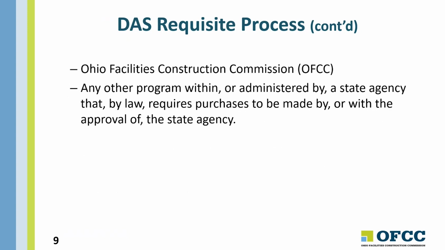OFCC, as I mentioned, is also a second requisite program. And then any other program within or administered by a state agency that requires by law purchases to be made by or with the approval of the state agency.